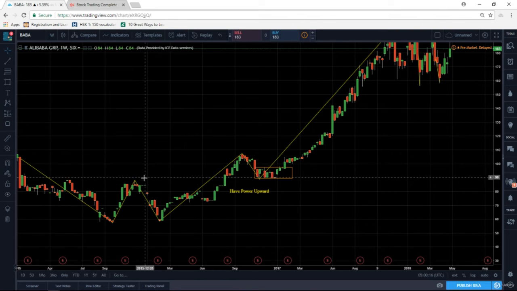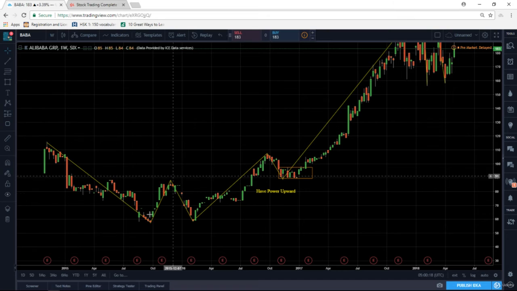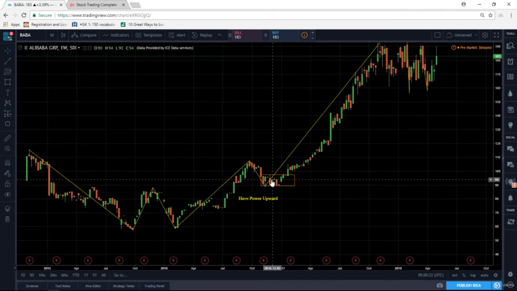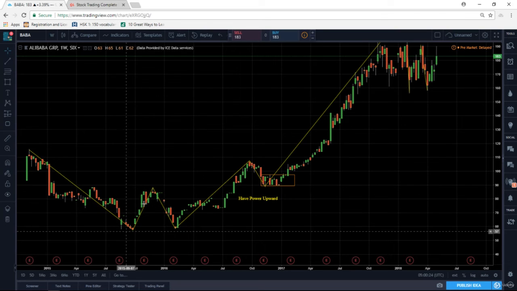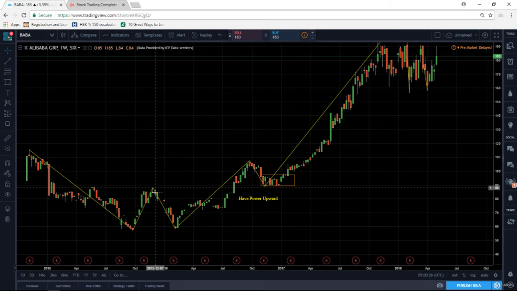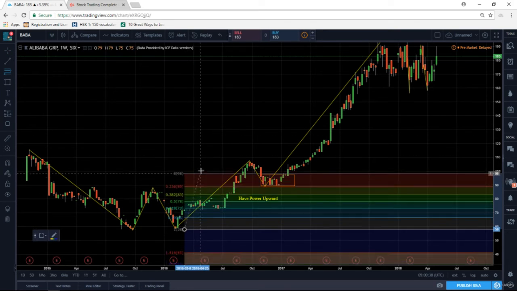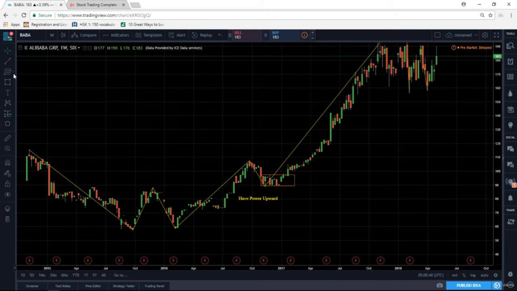All right, so what you can see is that the price trend of the buyer becomes longer and the seller becomes less aggressive. The power is powering up. So we could see that in terms of power analysis we are positive, in terms of price trend analysis we are positive, and in terms of Fibonacci analysis we are very positive.